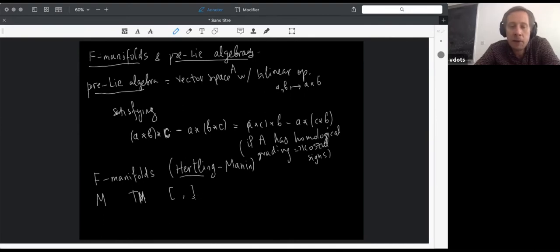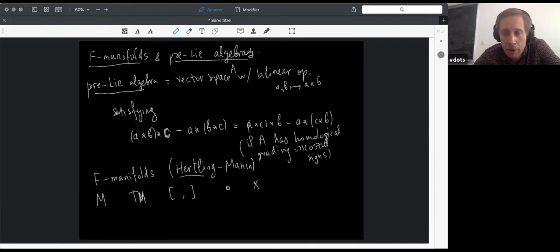Now, a structure of F-manifold is an extra operation on the tangent bundle. You want to make the tangent sheaf a sheaf of commutative associative algebras. So you want to have a product which I denote by a circle.